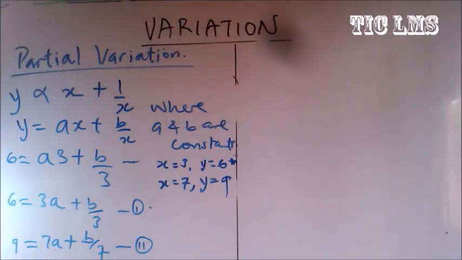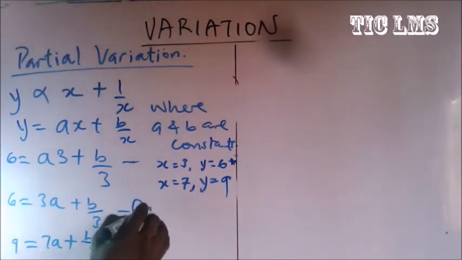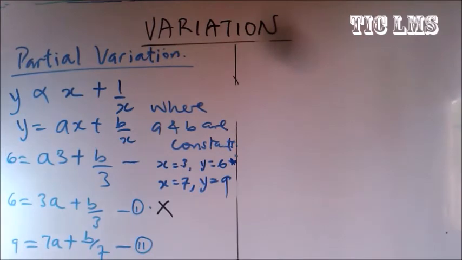So we could solve this simultaneously. Now let's say we want to eliminate this A. So we could multiply by 7 here and multiply by 3. Check our video on simultaneous equation using elimination method to understand this better.